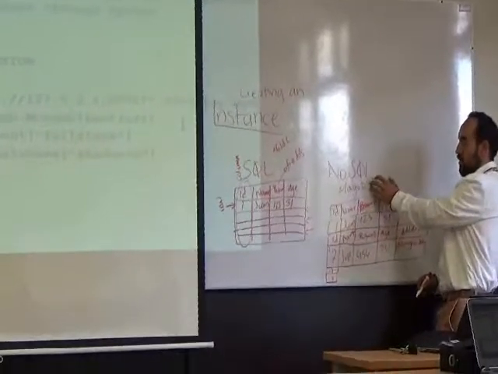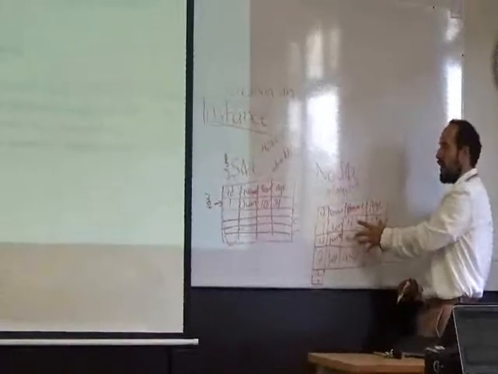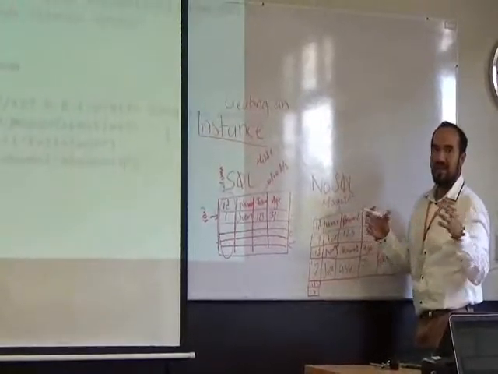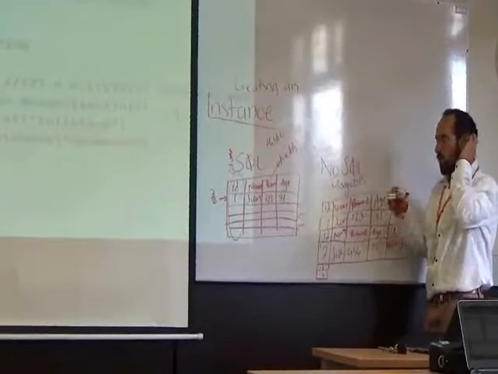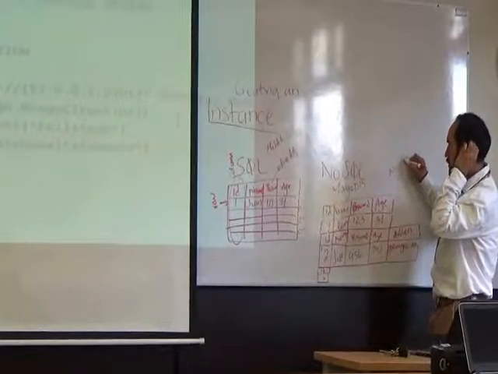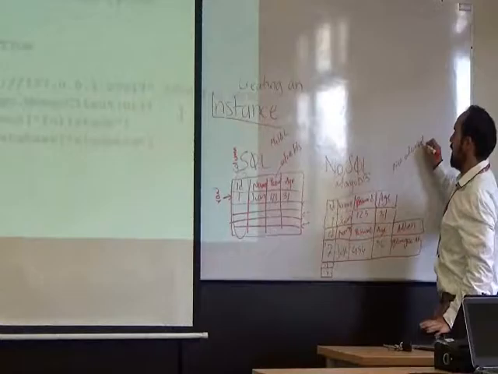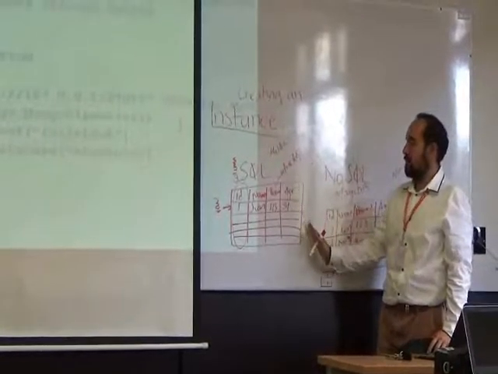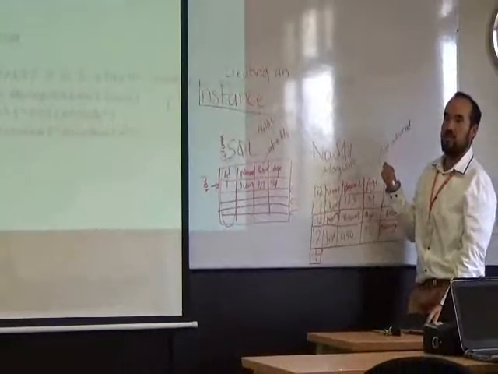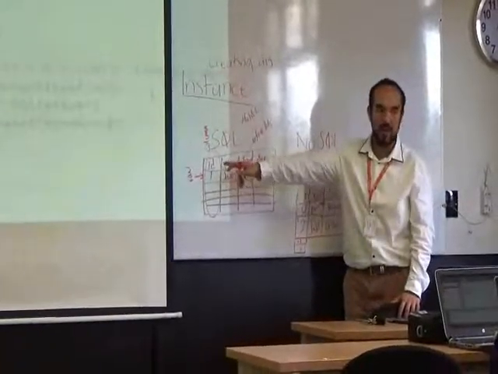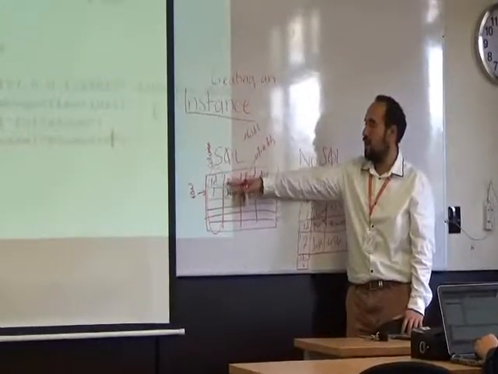In MongoDB we can do this one. Why? Because the web is like that. It's very big. It doesn't have specific information. It's not ordered. And in this kind of model, we have to order all the information, and we have to specify how many fields we have and how many columns.